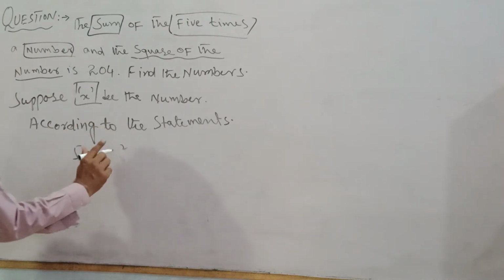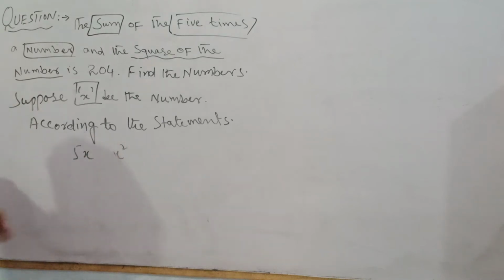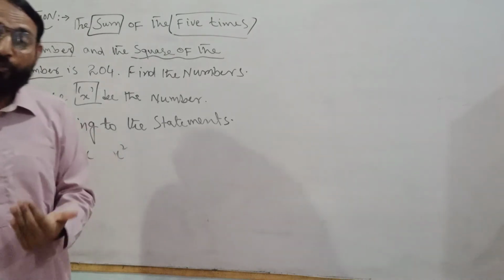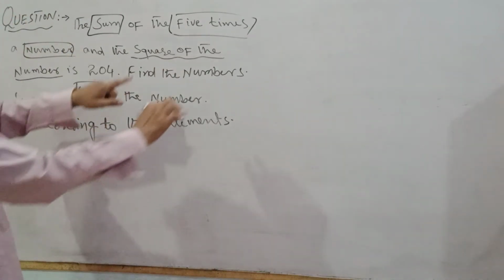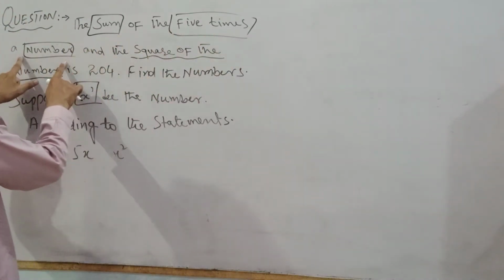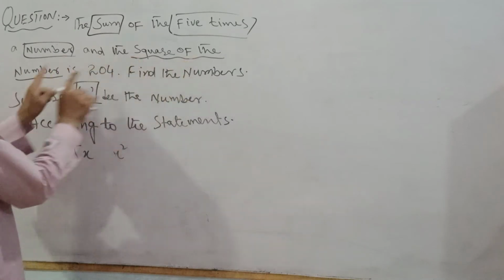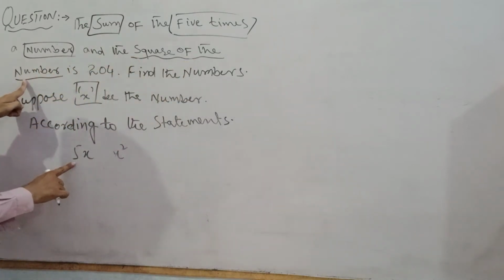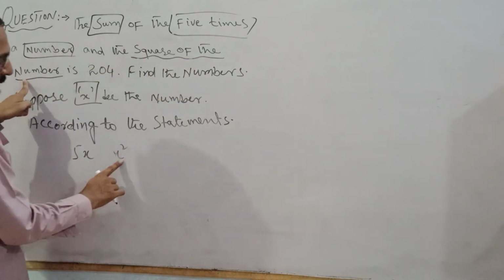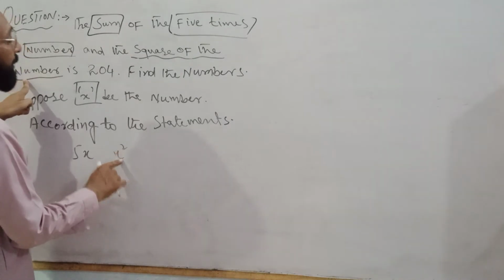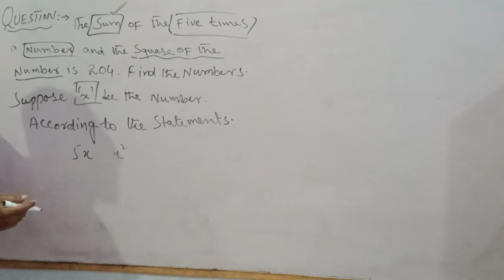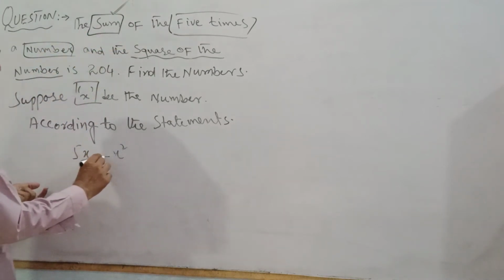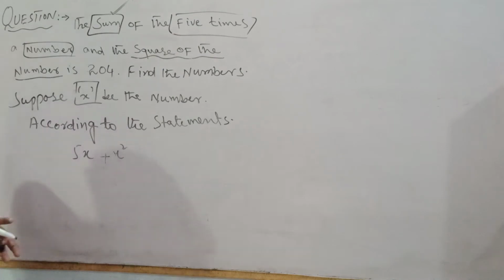Okay, here in this statement we have two conditions. First condition is 5 times of the number, and the other condition is the square of the number. The first condition is 5x and the other condition is the square of the number, and the final statement will become the sum of these two conditions.